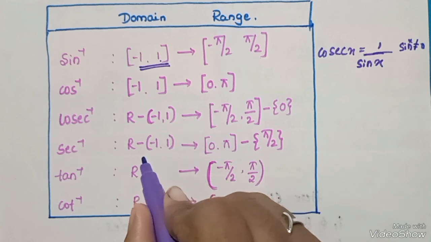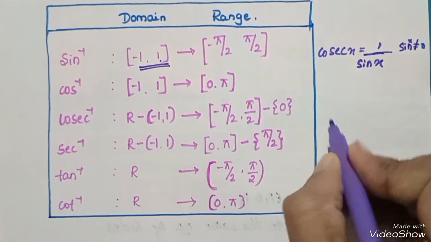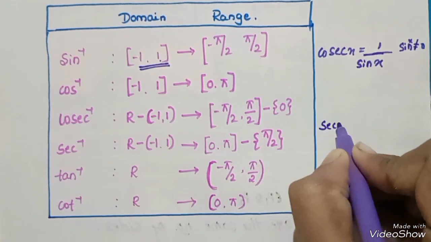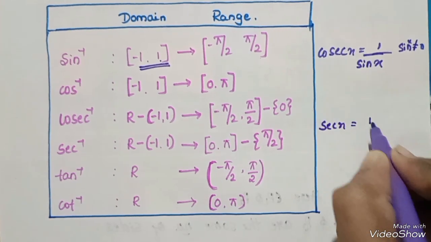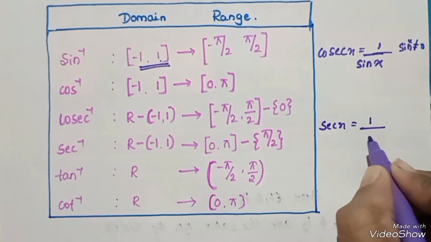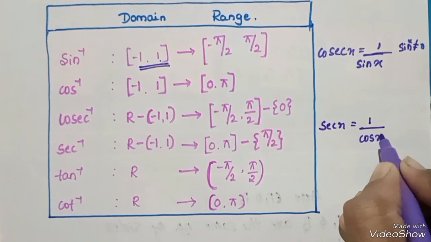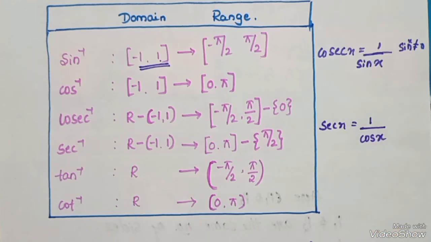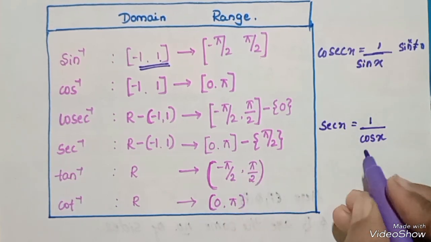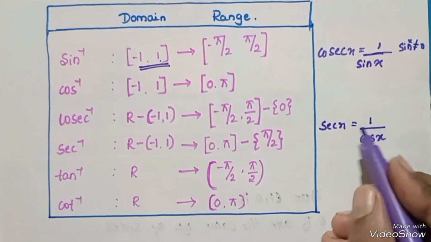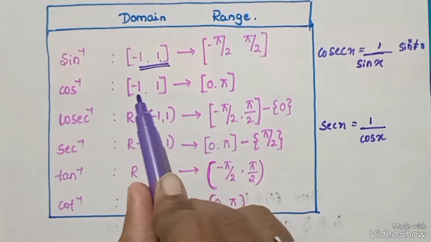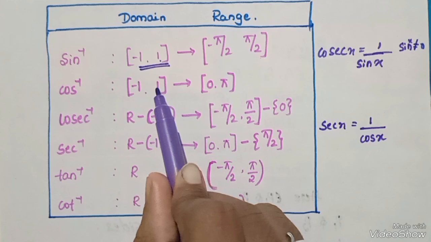Again, we have considered the sec function. Sec x is equal to 1 divided by cos x. Similarly here also, the domain is the real numbers except the open interval minus 1 to 1.